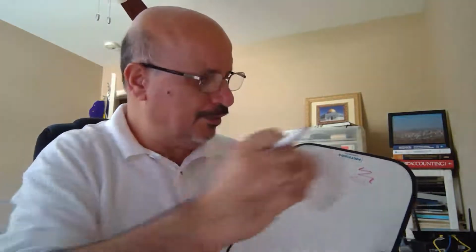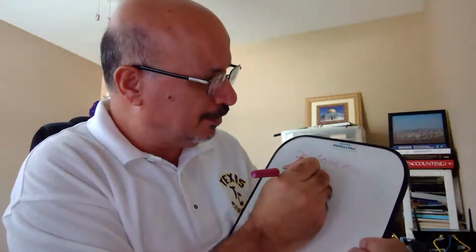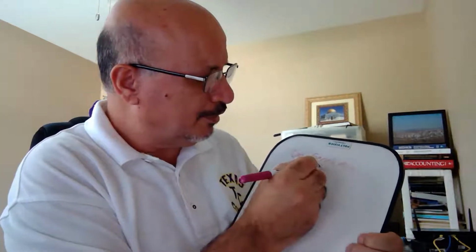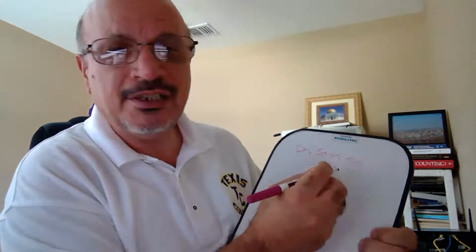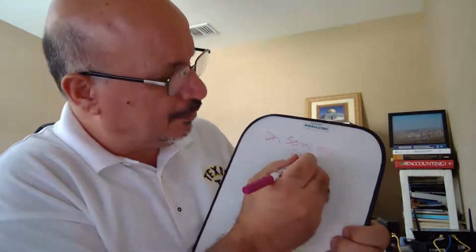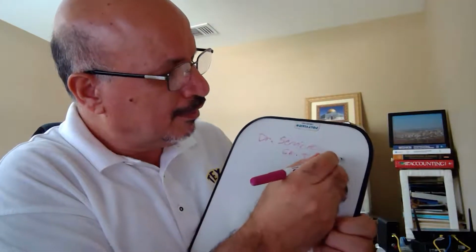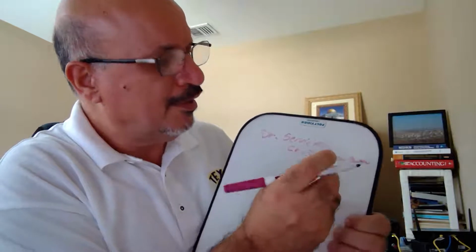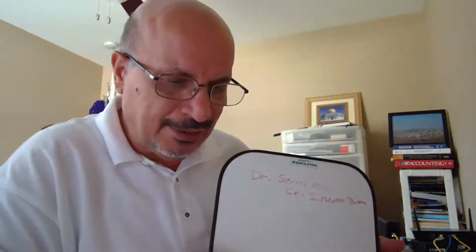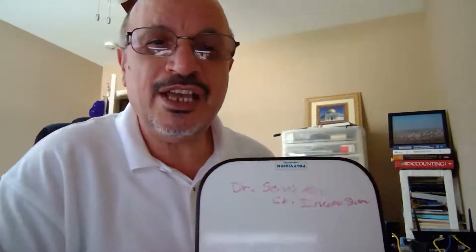Service revenue is debited, and we credit an account called income summary, for the total revenues that you have.